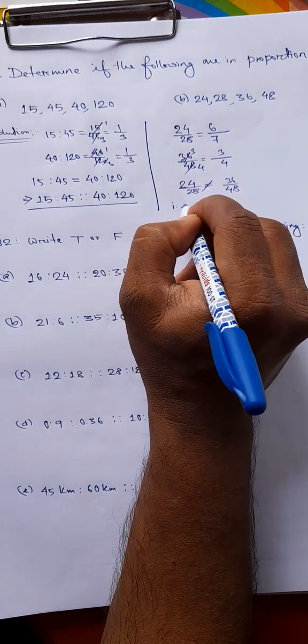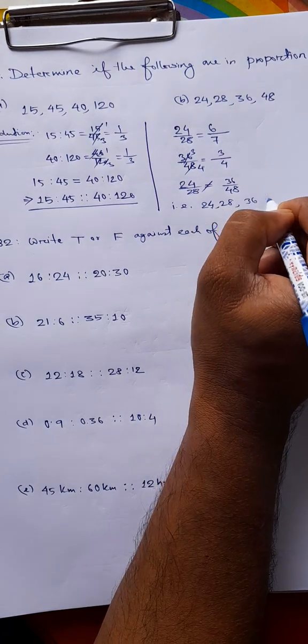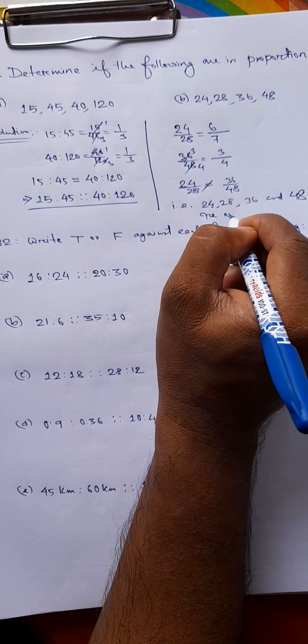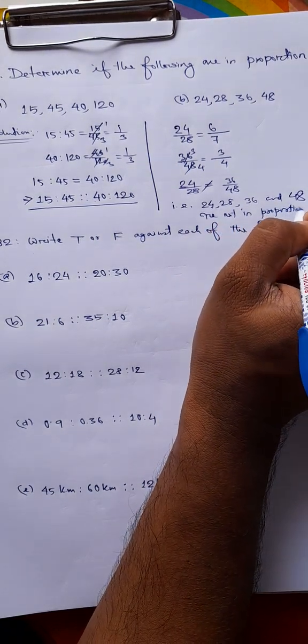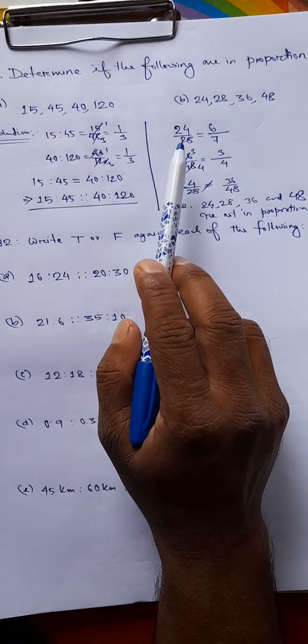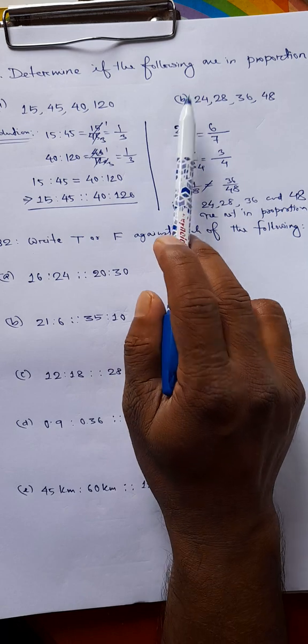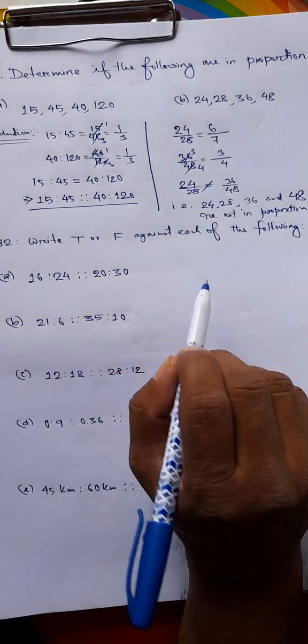Therefore 24, 28, 36 and 48 are not in proportion. Right? That means A by B is not equal to C by D. That is, they are not in proportion.